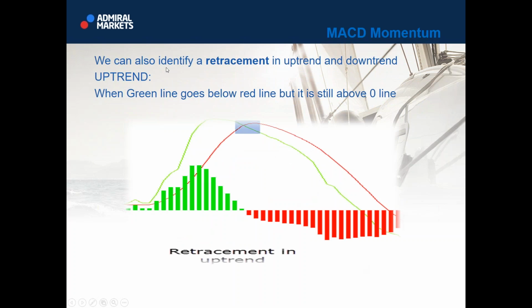Now, we can also identify a retracement in uptrend and downtrend. Why is it useful to detect a retracement? As I already explained, retracement is needed in order to buy low or sell high. So if you want to buy, you need price to lose its momentum.